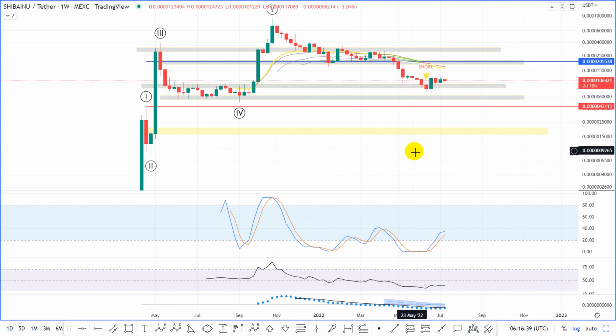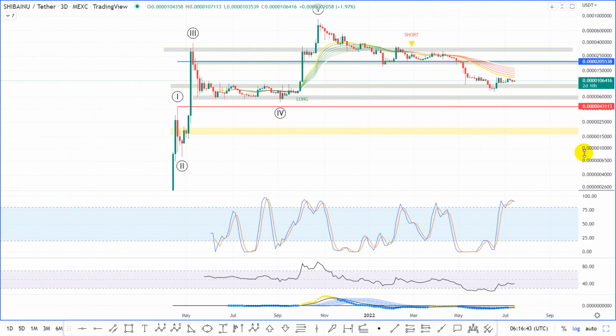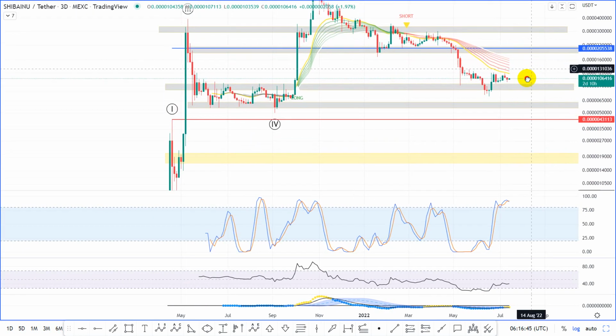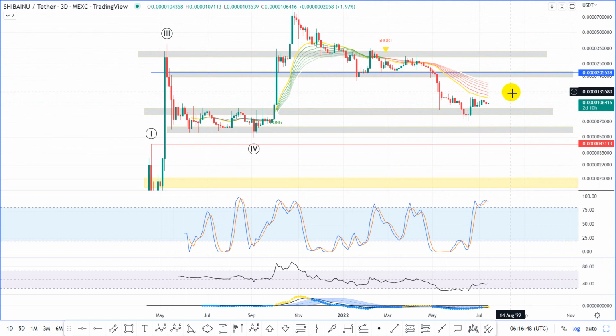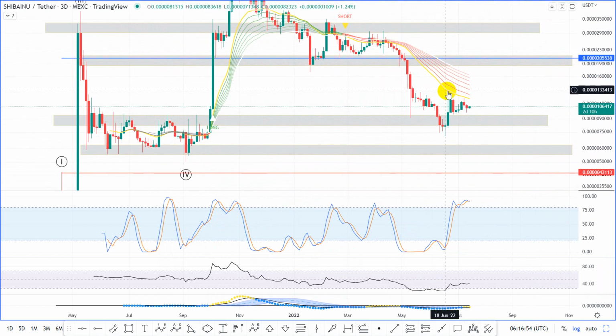For the short term, let's go ahead and switch into the 3-day time frame. Check out what we see here. And here I will tell you the story is a little bit scary. Why? Well, first of all, you notice that the EMA ribbons are just pushing the price lower. And I will actually mark another zone here.